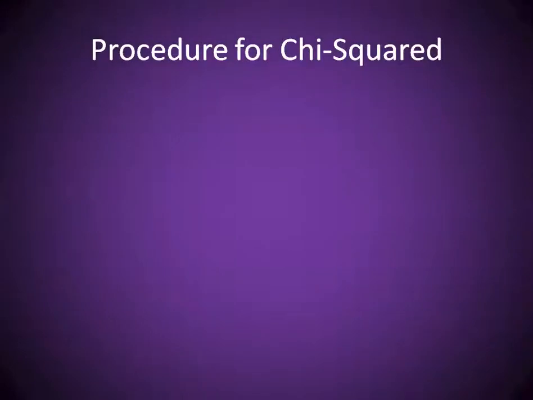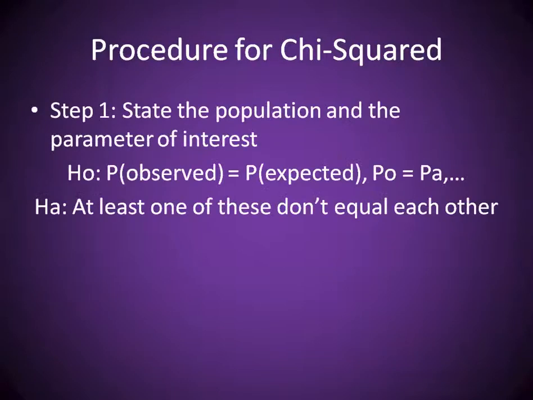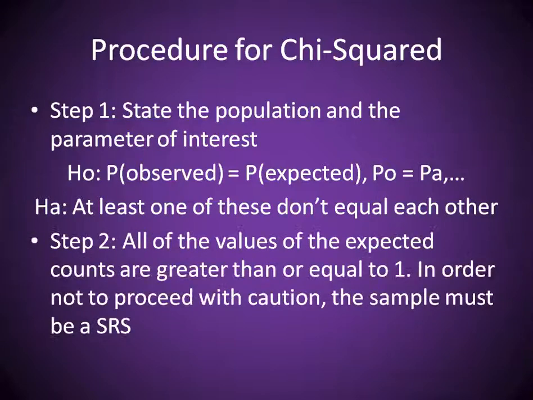Procedure for chi-squared. Step 1. State the population and the parameter of interest. H0: P observed equals P expected. HA: at least one of these doesn't equal the others. Step 2.